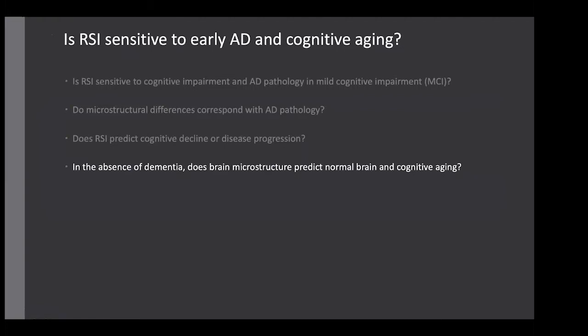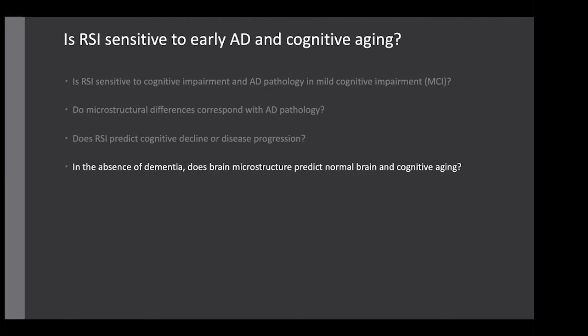Okay, so lastly, we know that the strongest risk factor for Alzheimer's disease is age. In addition, we're developing a greater understanding of some of the other risk factors for Alzheimer's disease, which include various lifestyle and health factors, but there's emerging evidence that sex is one of the stronger risk factors for Alzheimer's disease as well.